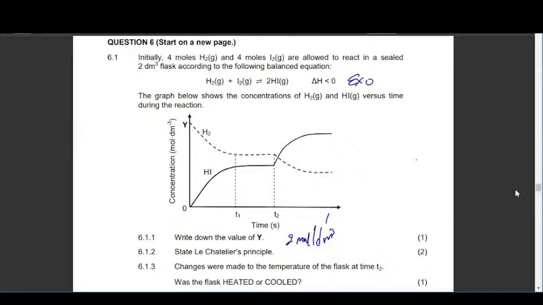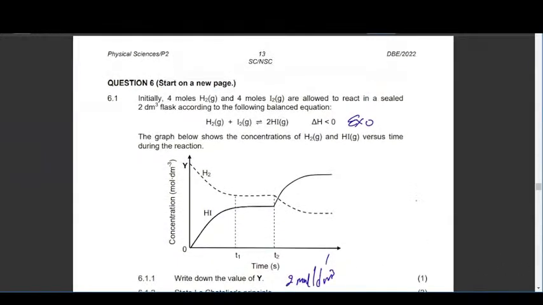So how you can say is, let me just state it for you, that when equilibrium in a closed system is established, the system will reinstate a new equilibrium by favoring the reaction that will cancel or will oppose the disturbance. So basically, that's what you're supposed to talk about.